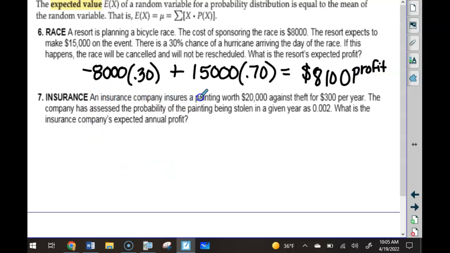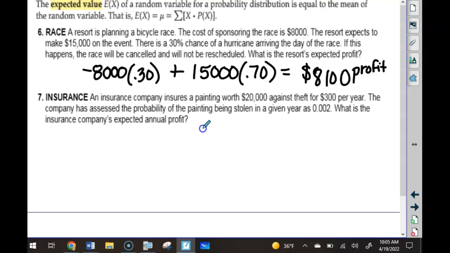An insurance company insures a painting worth $20,000 against theft for $300 every year. The company has assessed the probability of the painting being stolen in any given year as 0.002. What is the company's expected annual profit? All right, you have to understand something about this.